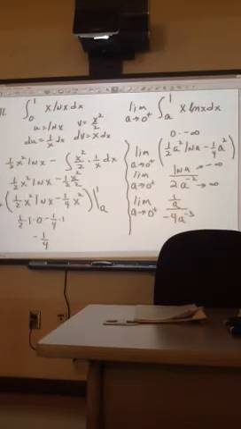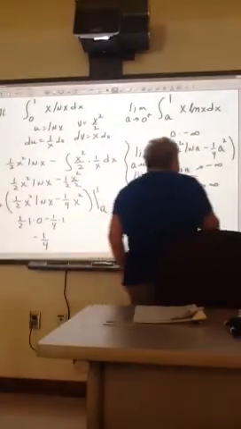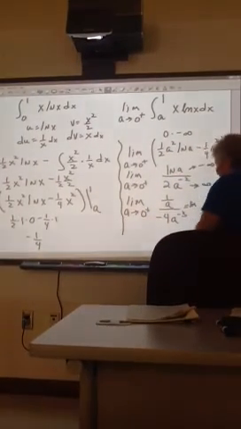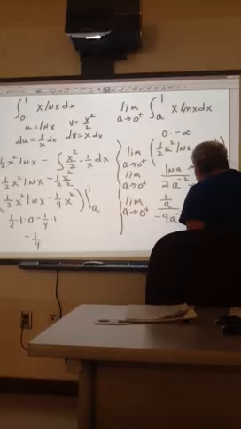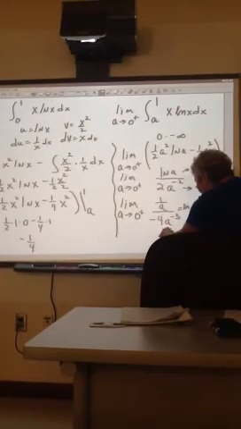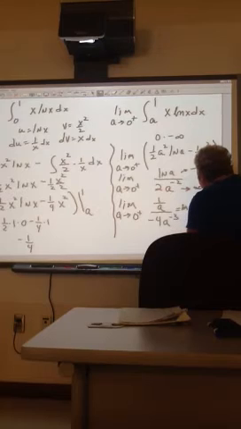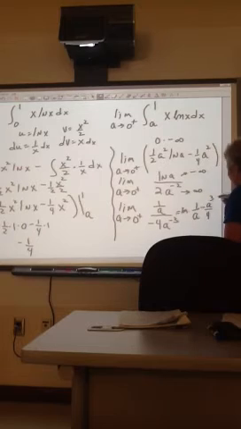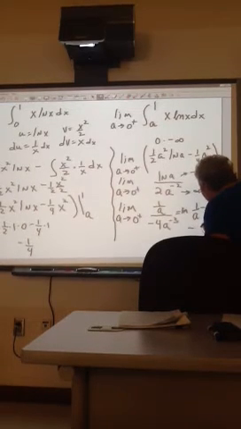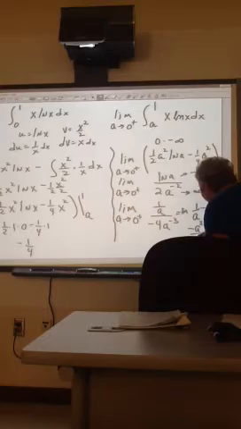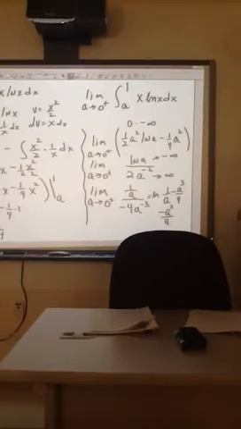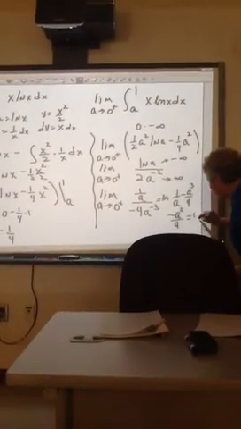The top is 1 over a. This thing is negative 4 over a cubed, so it's negative a cubed over 4. A goes into a cubed, so that's negative a squared over 4. Hooray! And as a goes to 0, it goes to 0. So this piece was 0.